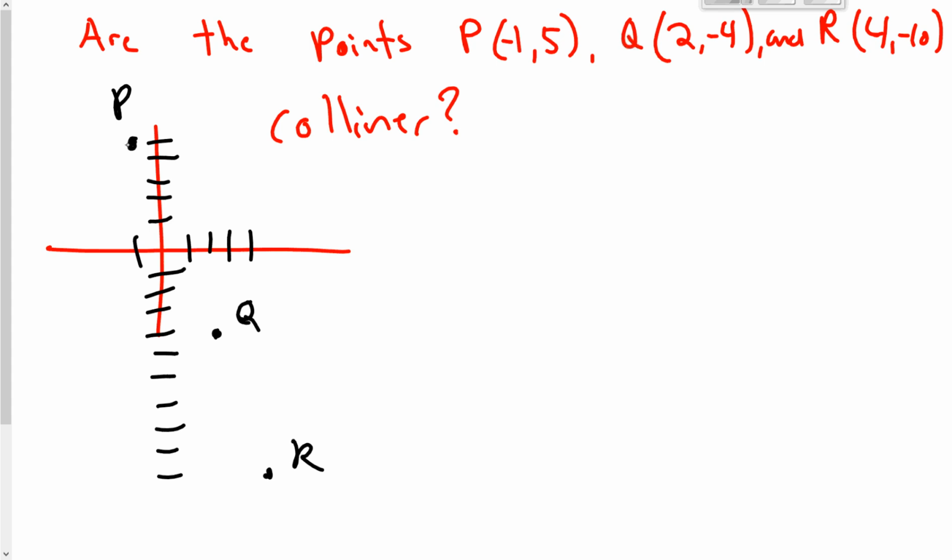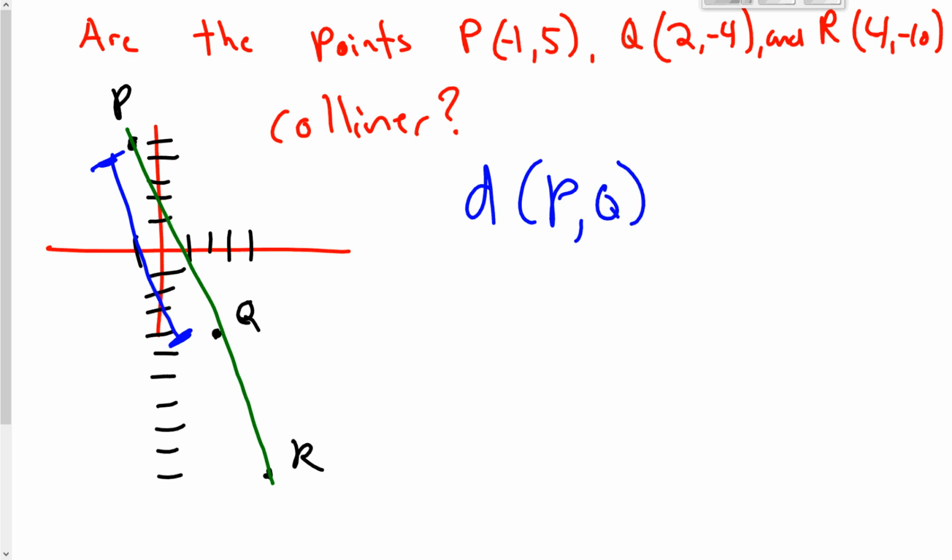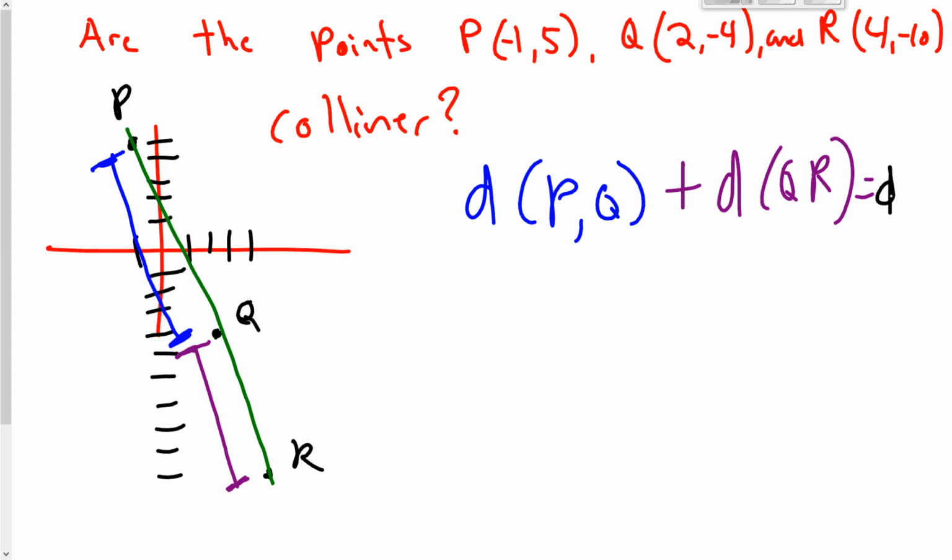So we're asking, are these collinear? Meaning, do they make a straight line? If these made a straight line, that means that the distance from P to Q, plus the distance from Q to R, would equal the distance all the way down, right?